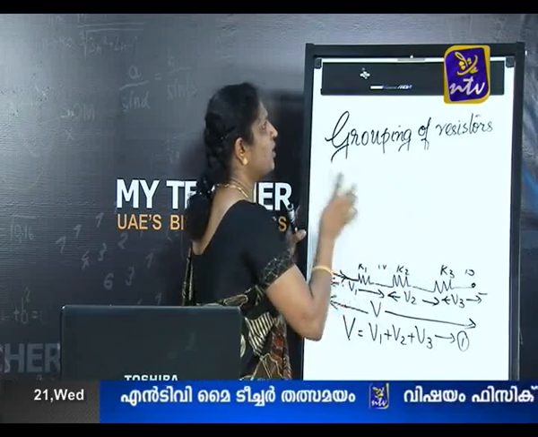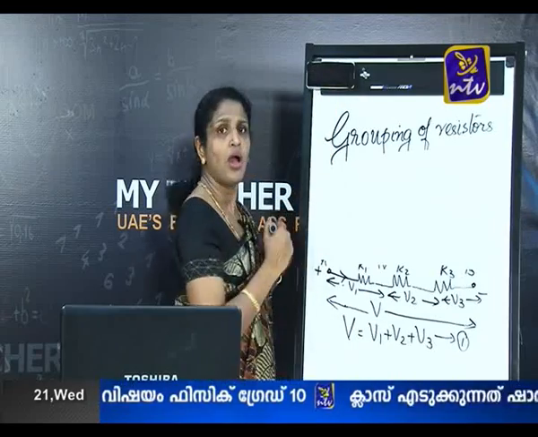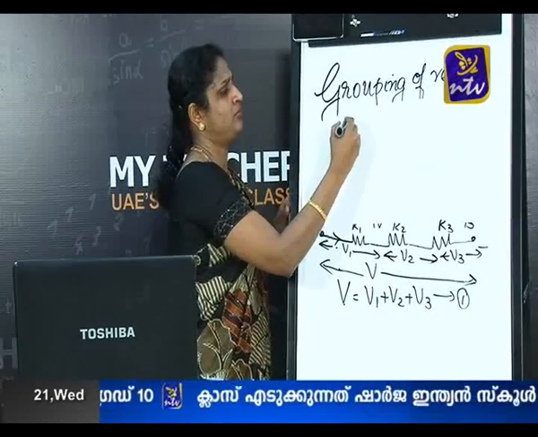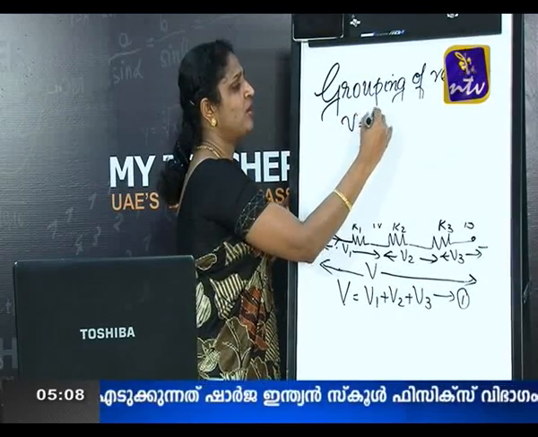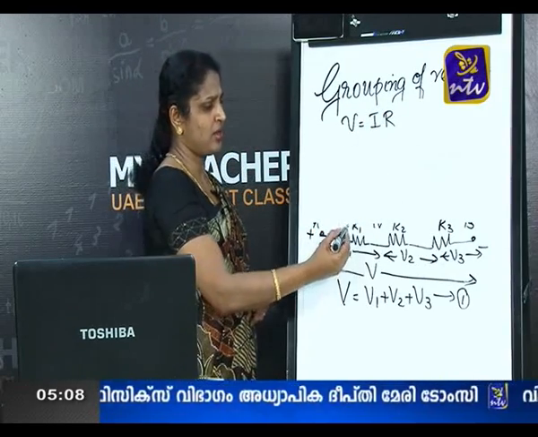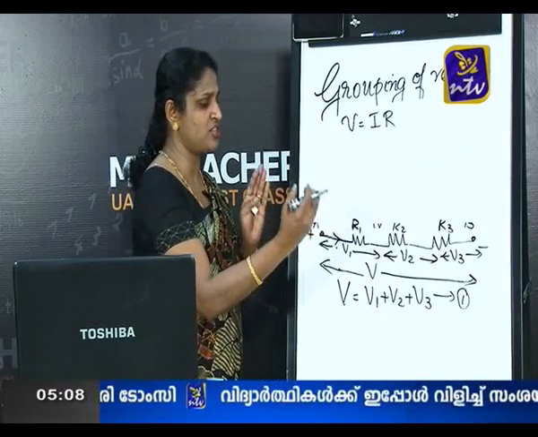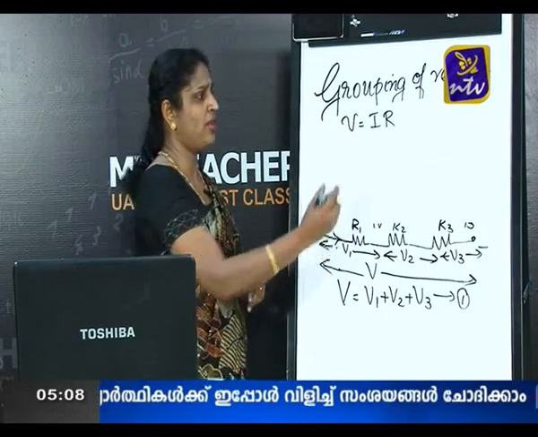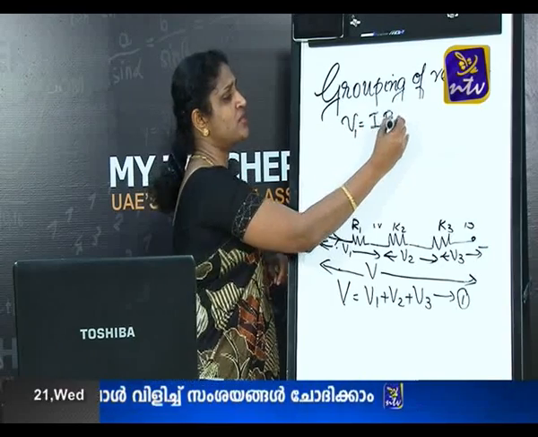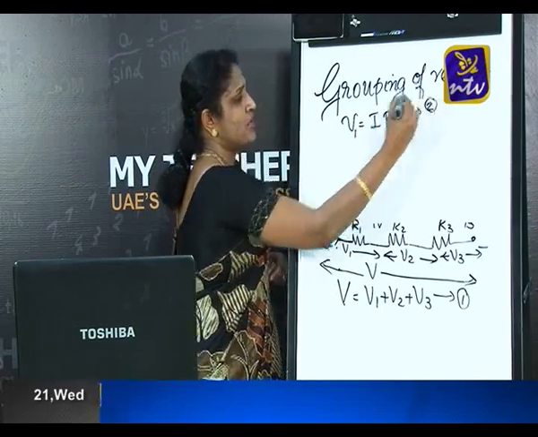To get the values of V1, V2 and V3, we will make use of Ohm's law. According to Ohm's law, the potential difference is related to current as IR. Since the current through R1 is I and its voltage is V1, we write V1 as IR1, equation number 2.